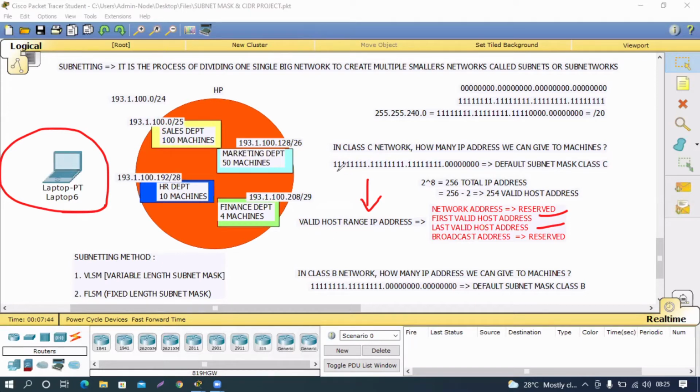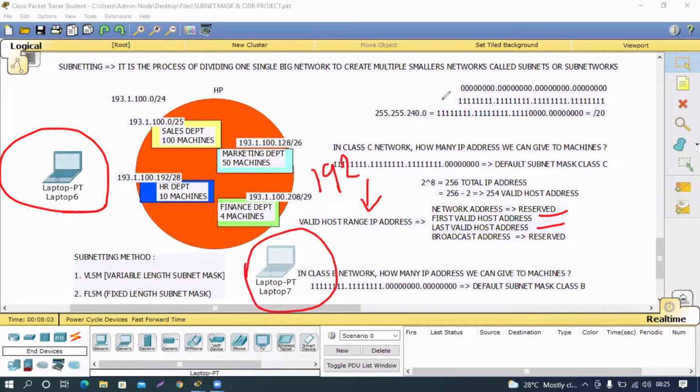For example, if we have two PCs over here, so let's say a range, like 192.168.1.1 to 192.168.1.254.